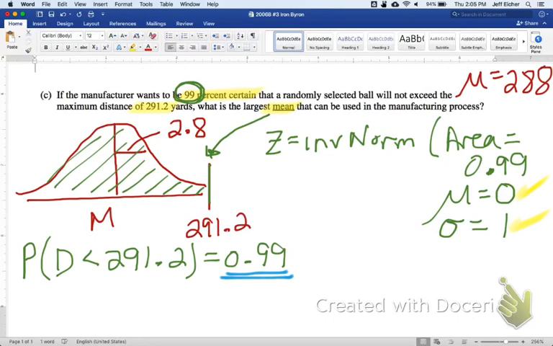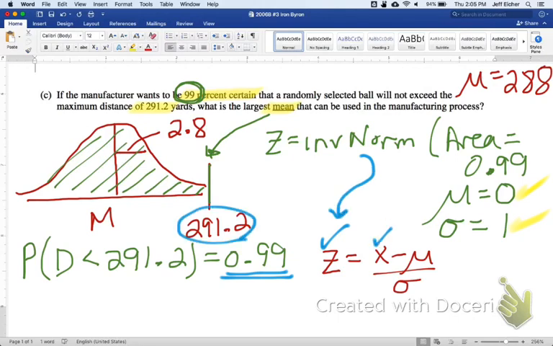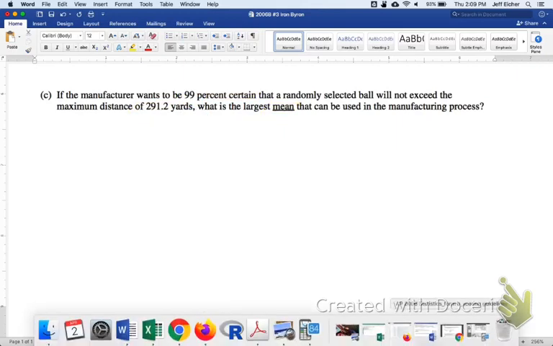Then we're going to be able to use our z-score formula, which is this, and we're going to find that z-score with that formula. We know the boundary, which is 291.2, and we know the standard deviation, which is 2.8. And then we'll be able to solve for mu. So let's see if I can remember all those steps looking at my calculator here.